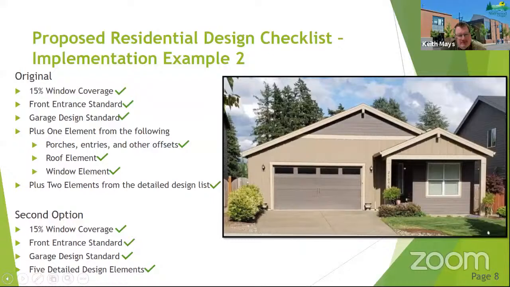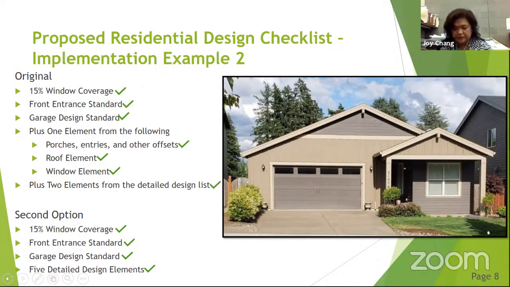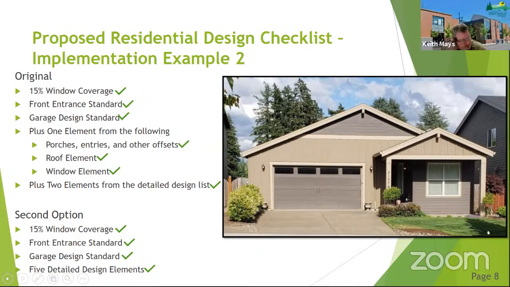I believe the current recommendation is 10% in the back if it's facing, not 15. So it's 15 front, 10 back, 10 side, I believe. Correct me if I'm wrong, Joy. That is correct. Yes, it would be considered a secondary elevation, so it would be 10 for both side and rear. All right.